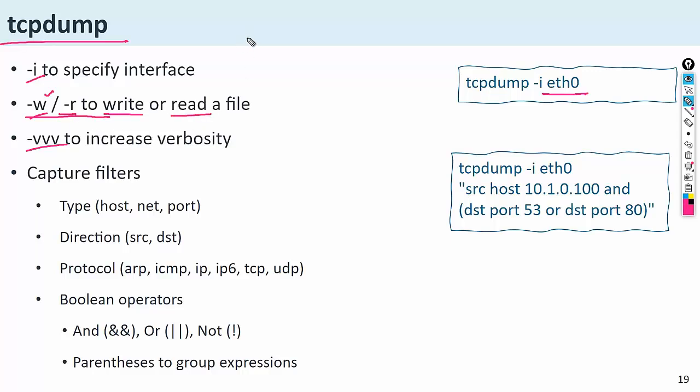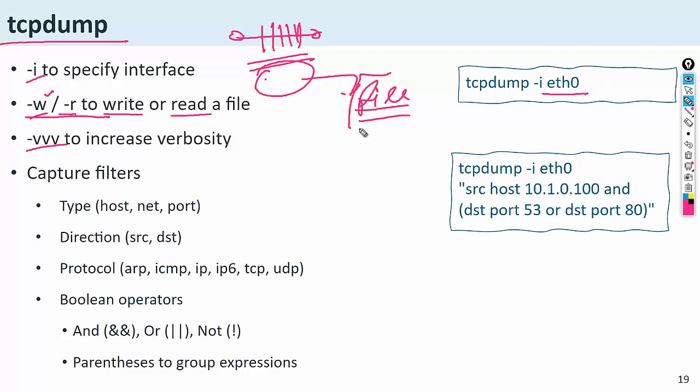For example, if you are capturing the data and the screen is full and you are not able to understand what is going on, you can dump all the data into a file. Later on, you can read this file and analyze the data, what is going inside the network or going outside the network.